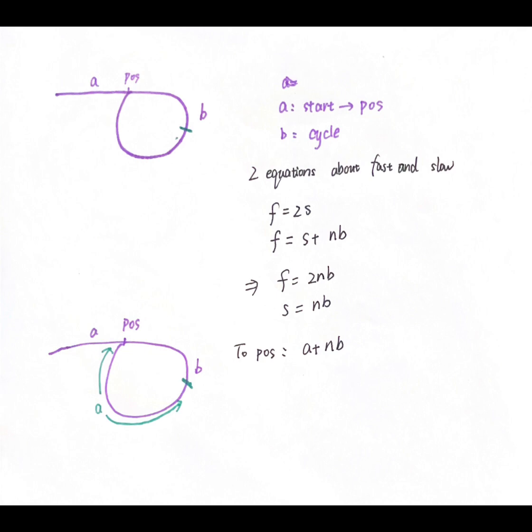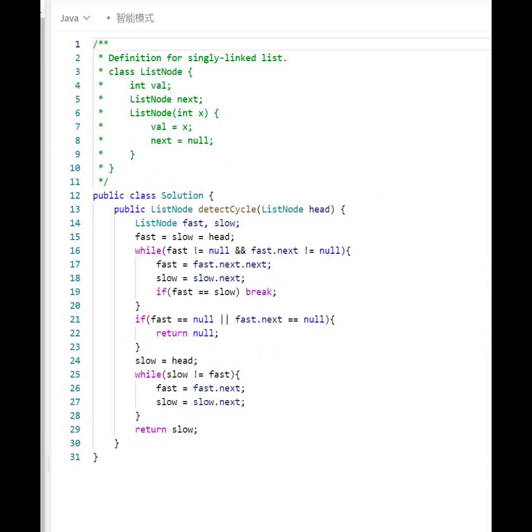After we get this conclusion, it's very easy for us to write the actual code. So let's look at our code. Basically the while loop makes sure that they will meet. After they meet, we move one pointer to the start of the linked list, and let the other pointer move from the point where they meet.